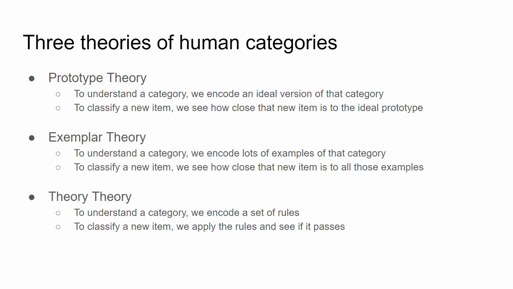So when people study human categories, one idea of what it means, if I'm thinking about birds, what does it mean for me to imagine what a bird is, or what is my mental representation of a bird? One particular idea that's pretty common out there is, oh, I have some sort of mental representation of the canonical ideal bird. And then if I see a new thing, then I can measure some sort of similarity between that new thing and that canonical ideal bird that is in my head. Okay.